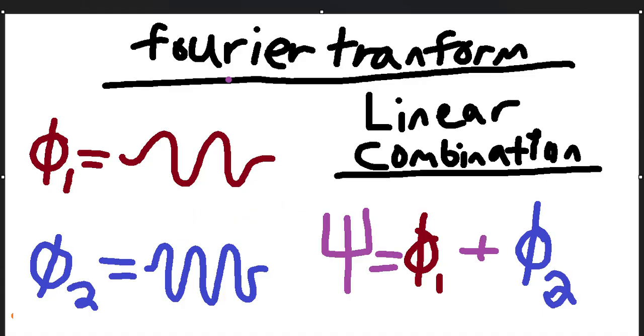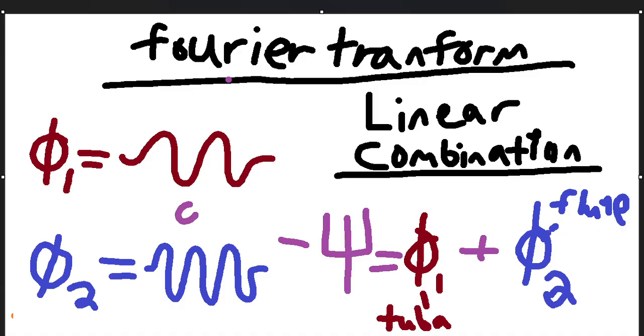This phi 1 could be like a tuba's wave, and this phi 2 could be a flute. Well then, this value here could be like the orchestra.